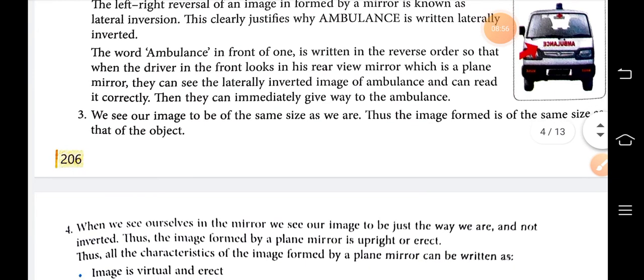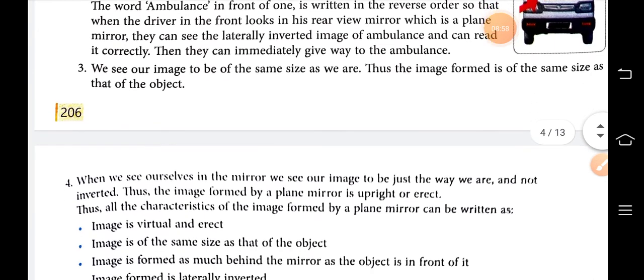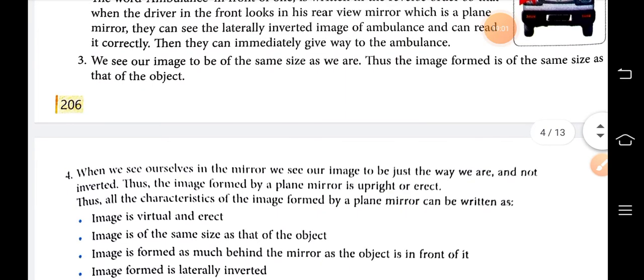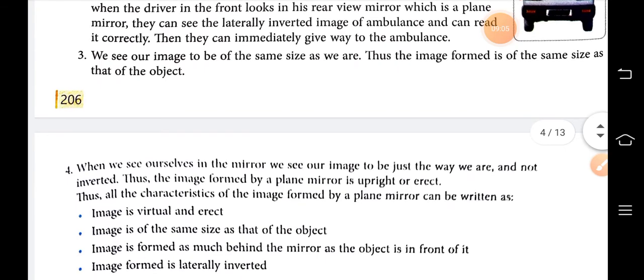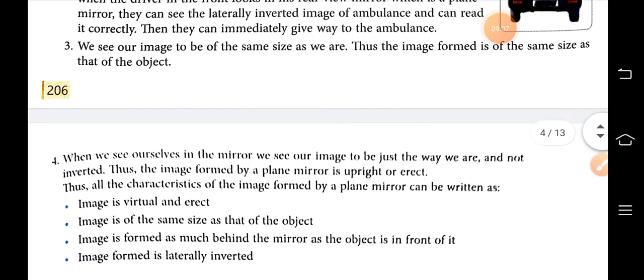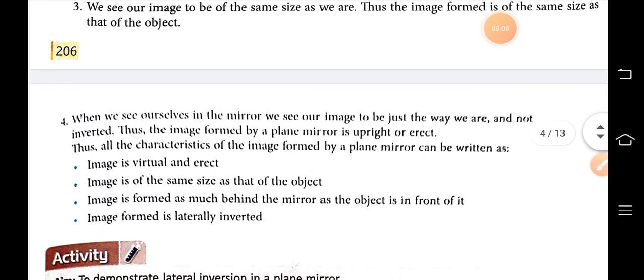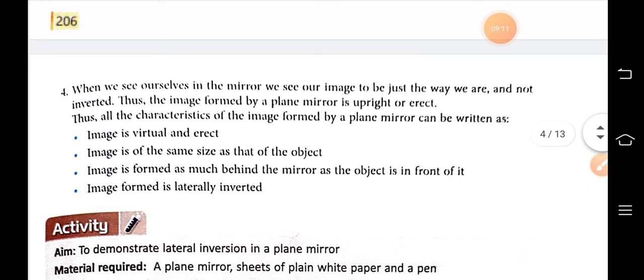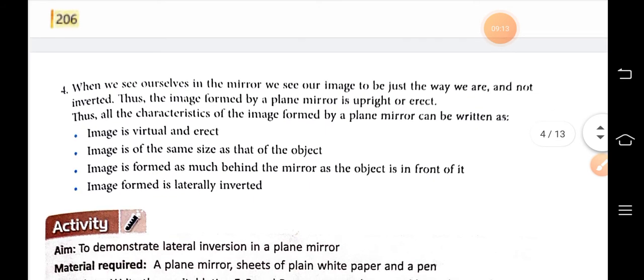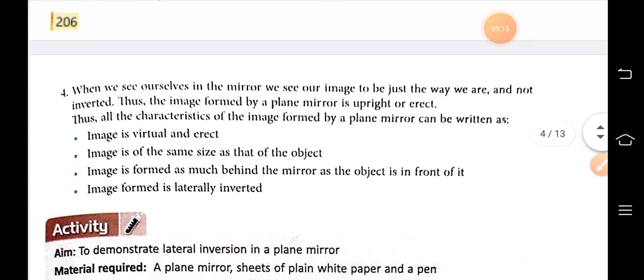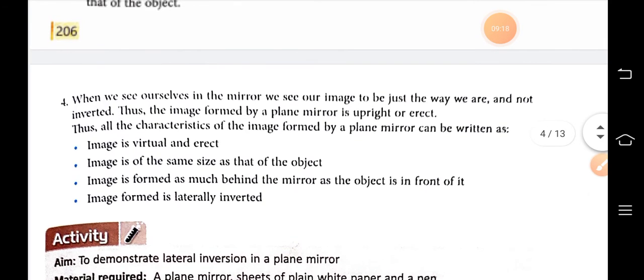Third is, it is of the same size. The image formed by the plane mirror is the same size as the object. Fourth, it is virtual and erect. That means the image formed by a plane mirror is erect, it is straight. It looks just the way we are standing.